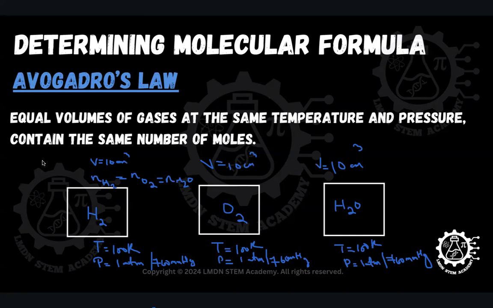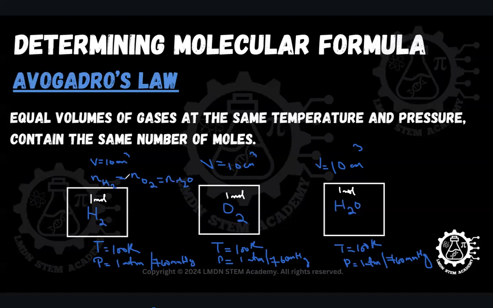So if there were 1 mole of hydrogen here, then it would be 1 mole of oxygen as well, and 1 mole of steam. Why? Because they have the exact same volume and are under the same conditions of temperature and pressure. This is very revolutionary and very helpful, and can be a great way of connecting a volume to a number of moles.